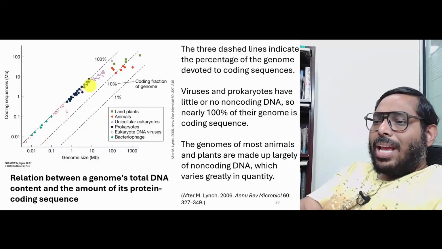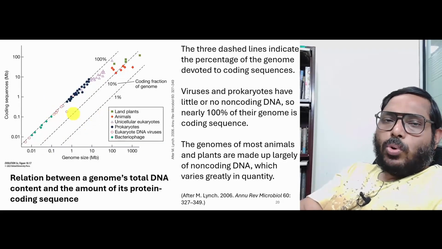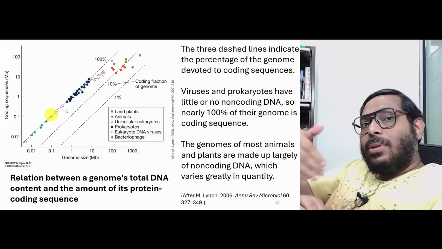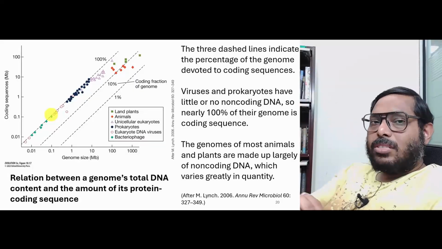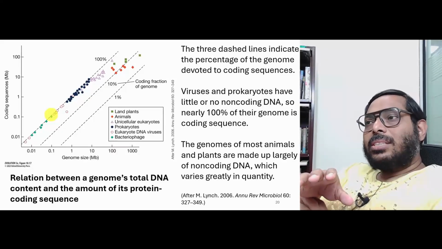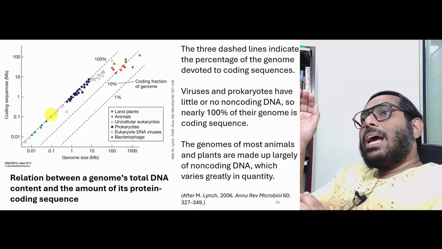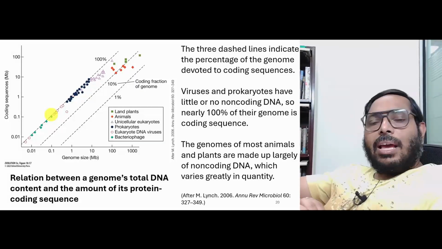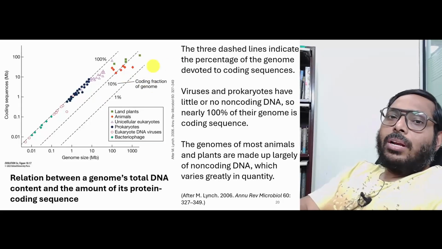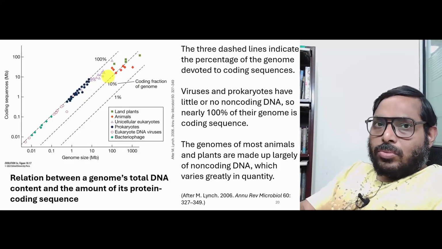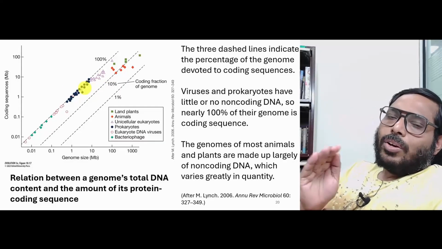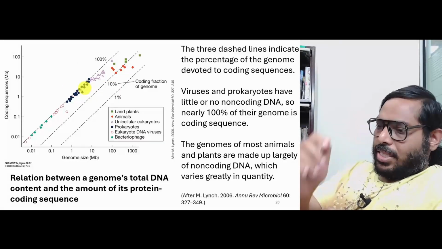All the other organisms, bacteriophages, the DNA viruses, the prokaryotes, which have to typically replicate extremely fast, with extremely small generation time, do not have all this non-coding DNA business, whereas those organisms which have a relatively longer life cycle are the ones which have the non-coding DNA. Unicellular eukaryotes, which are somewhere in between in terms of life cycle, are also somewhere in between in terms of coding non-coding DNA fraction.